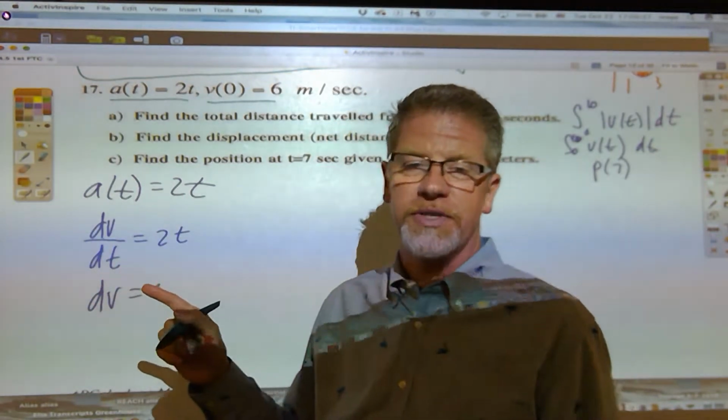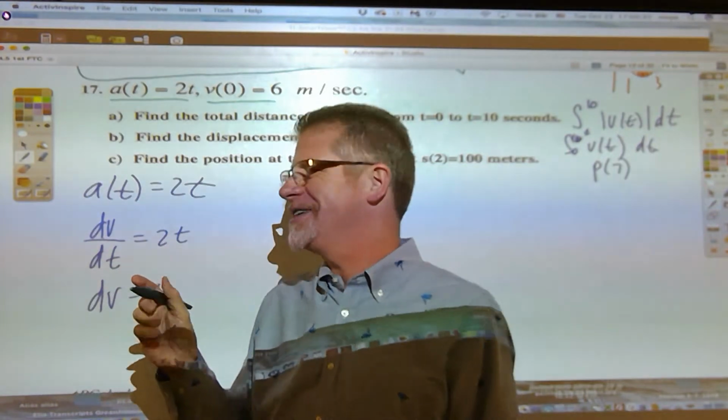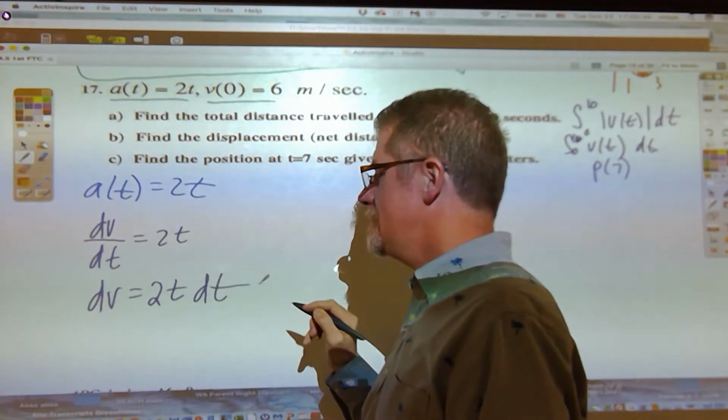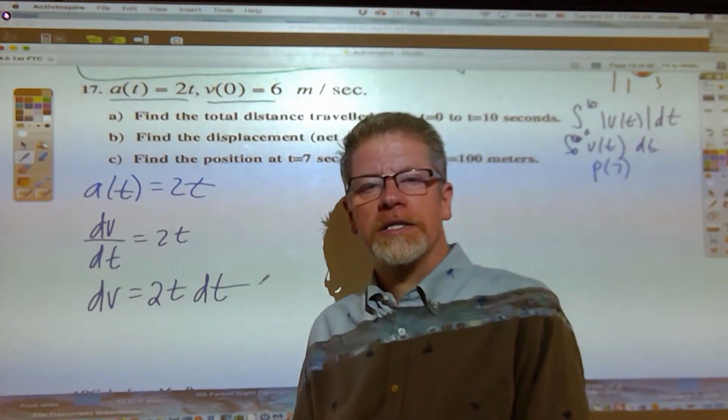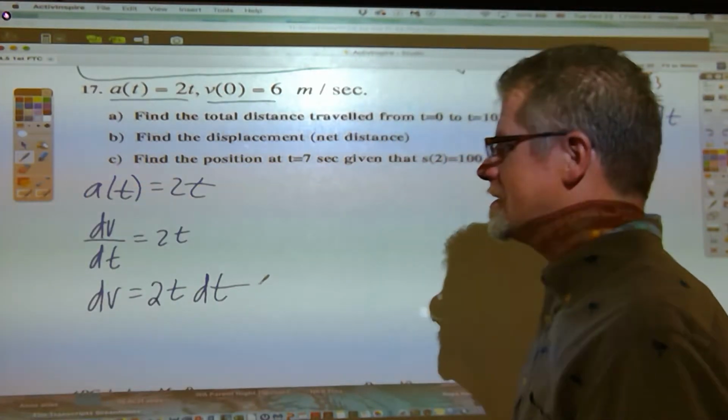If you multiply both sides of this equation by dt, you get dv equals 2t dt. The separate part of separate and integrate is now complete.